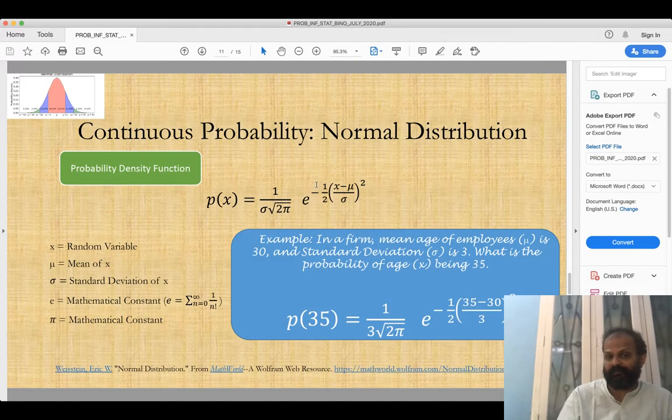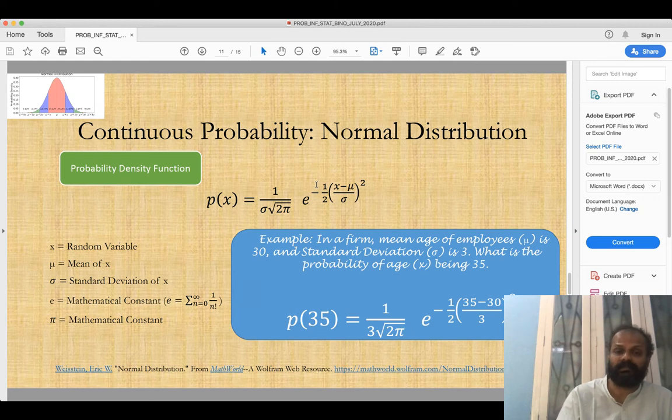Probability of any value of x to occur equals 1 upon sigma root of 2 multiplied by pi, the whole thing multiplied by e raised to half multiplied by x minus mu upon sigma all squared. Now let's see what each symbol signifies.